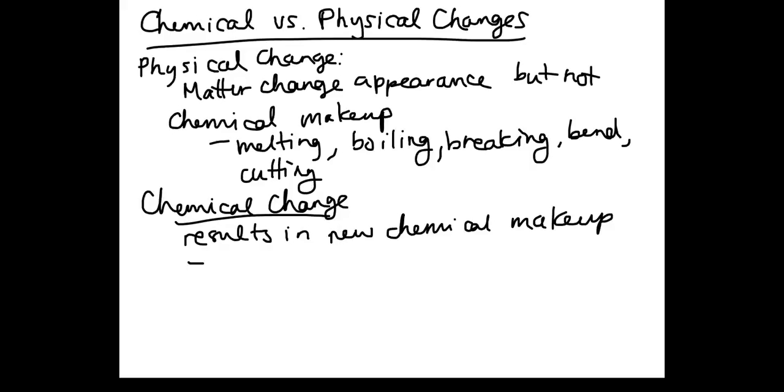Can anyone give me an example of a chemical change? Burning, combustion. Combustion is a chemical change. What else? Corrosion, yes. Corrosion is oxidation of metal, otherwise known as rusting, if you're dealing with iron. Anything else?